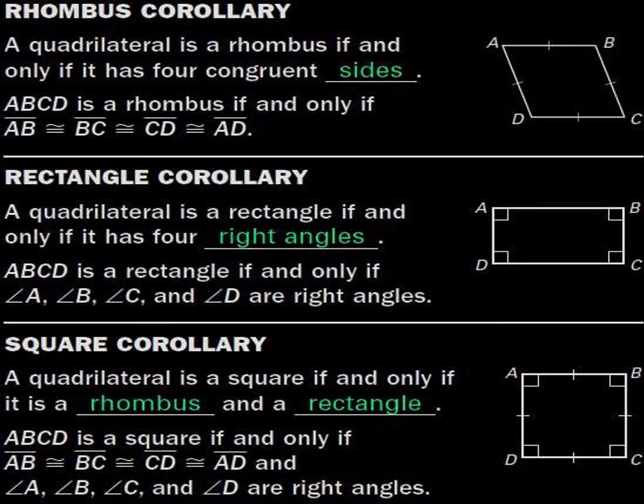Let us now recall the properties of the rhombus, rectangle and square once again. A quadrilateral is a rhombus if and only if it has four congruent sides. That means AB is equal to BC equal to CD equal to DA. A quadrilateral is said to be a rectangle if and only if it has four right angles.